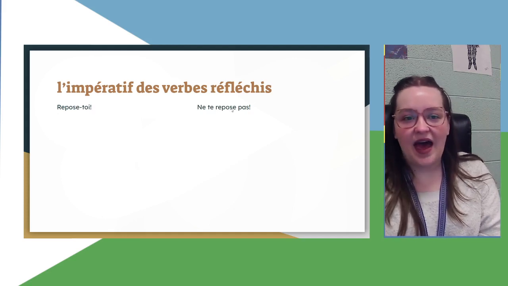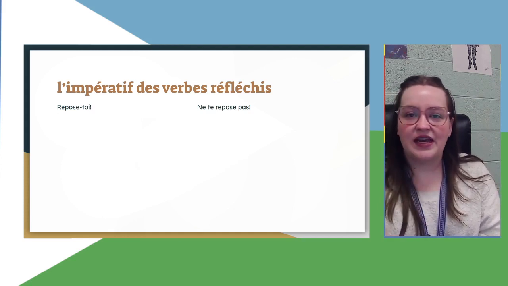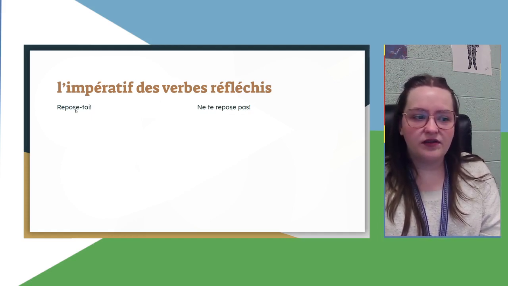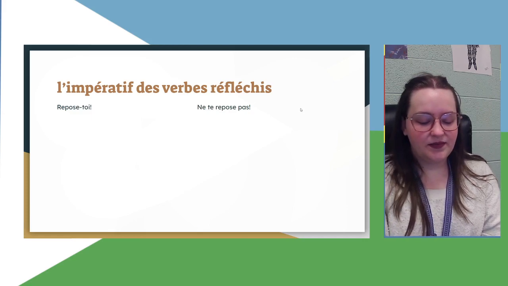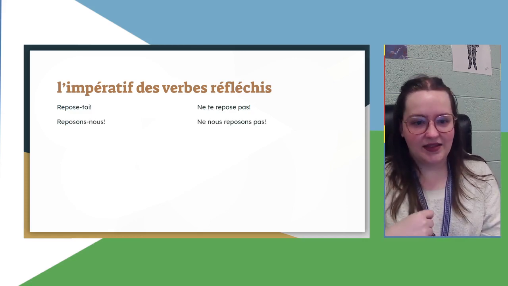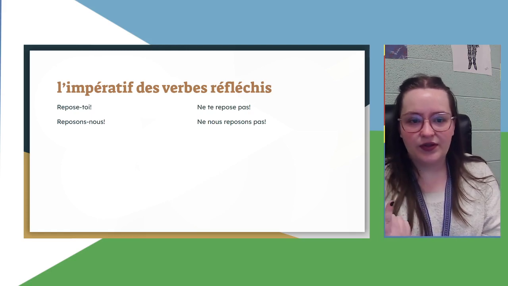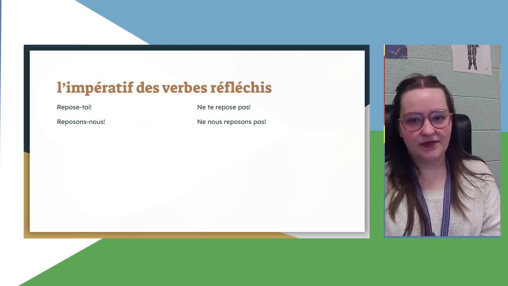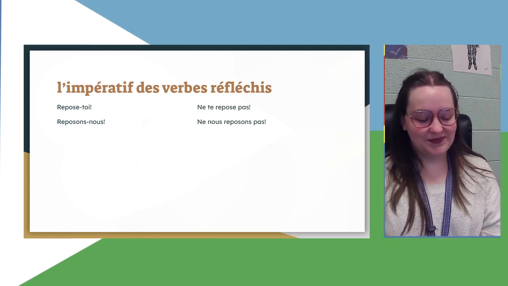Same as with preceding direct object pronouns, in a negative sentence we don't flip the pronoun and the verb. The pronoun still goes in front of the verb and ne pas goes around it. Reposons-nous. Let's rest. Or ne nous reposons pas. Let's not rest.